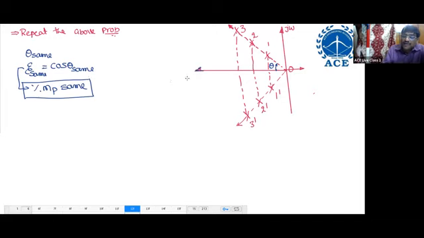Next, poles moving left. Time constant decreases. Imaginary part increases.